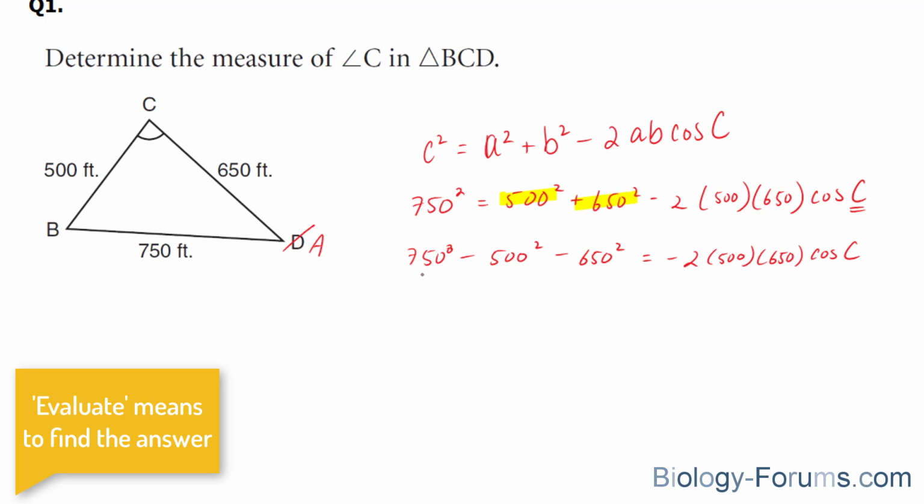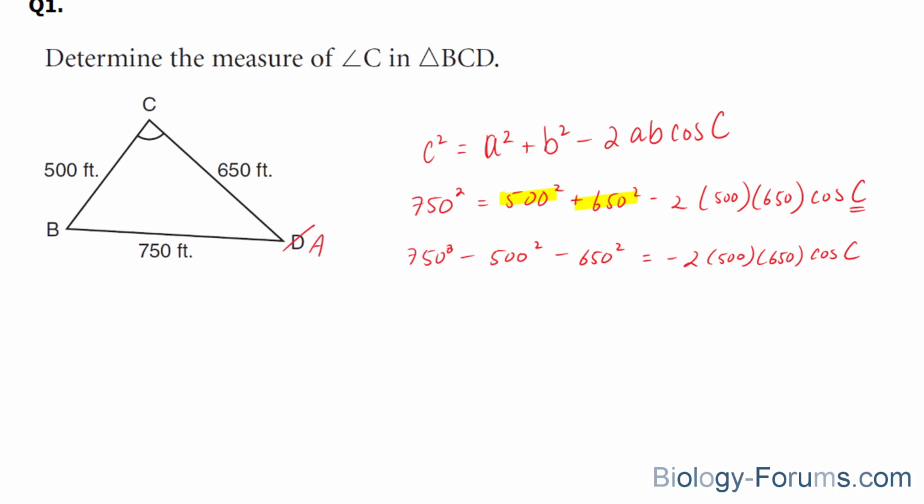But if you do have a modern calculator, all you have to do is divide now both sides by this. And there's a reason why I'm suggesting this. So divide both sides by negative 2 times 500 times 650. Notice how I'm doing it on both sides.